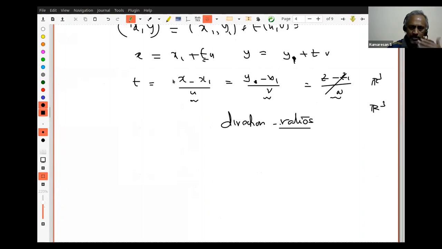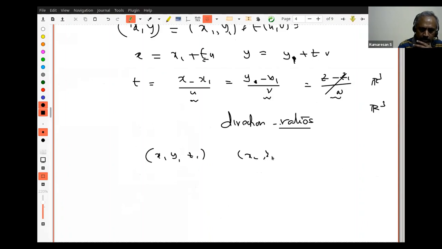Now let me ask the question. If you have given me 2 points x1, y1, z1 and x2, y2, z2, what is the line joining these 2 points? So I have this point x1, y1, z1 and this is another point, the line joining this. You can see it can move in this direction or also in the other direction.